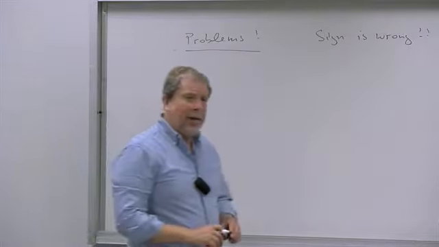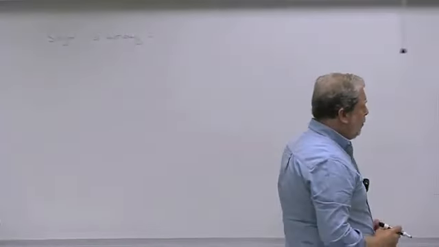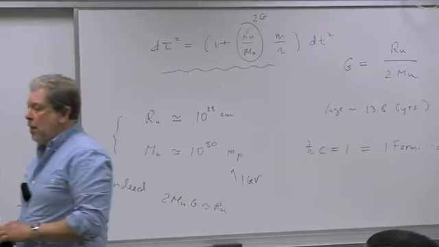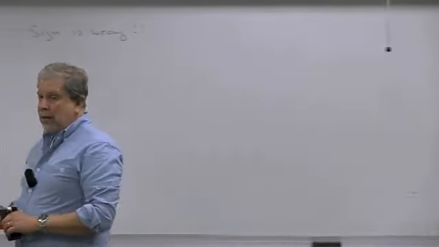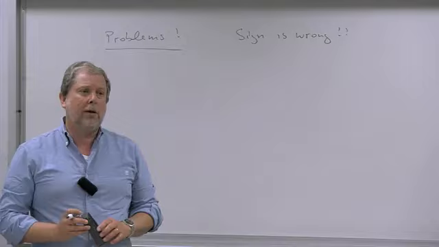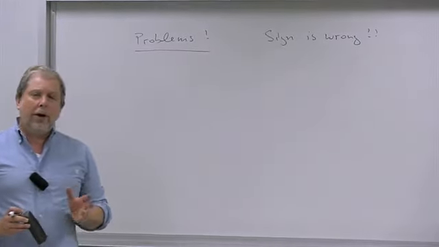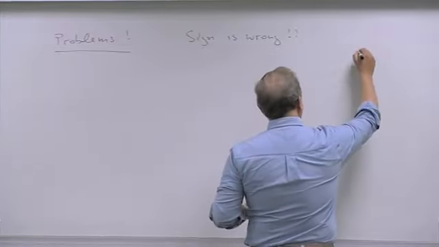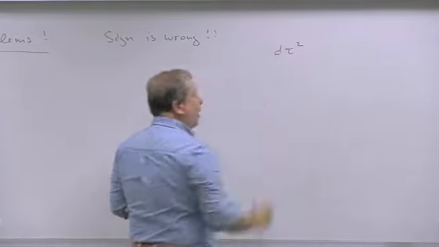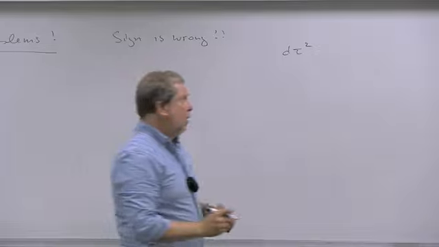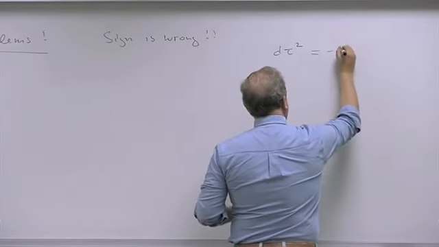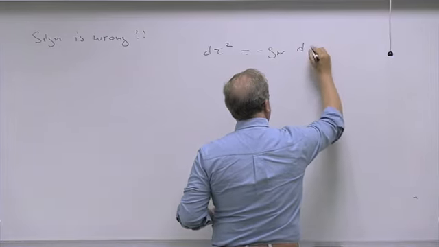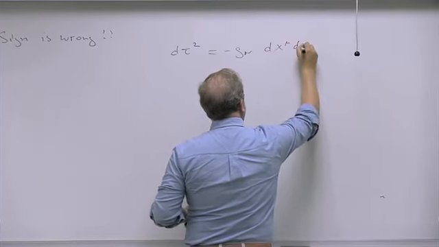So how does Feynman get out of this bind? How does Feynman say that we can change a minus sign into a plus sign? Well, his argument is that this is, in fact, a very naive calculation because we're not including in the proper time interval, in the tau squared, all the other components. This is equal, of course, to minus g_mu_nu times dx^mu dx^nu.